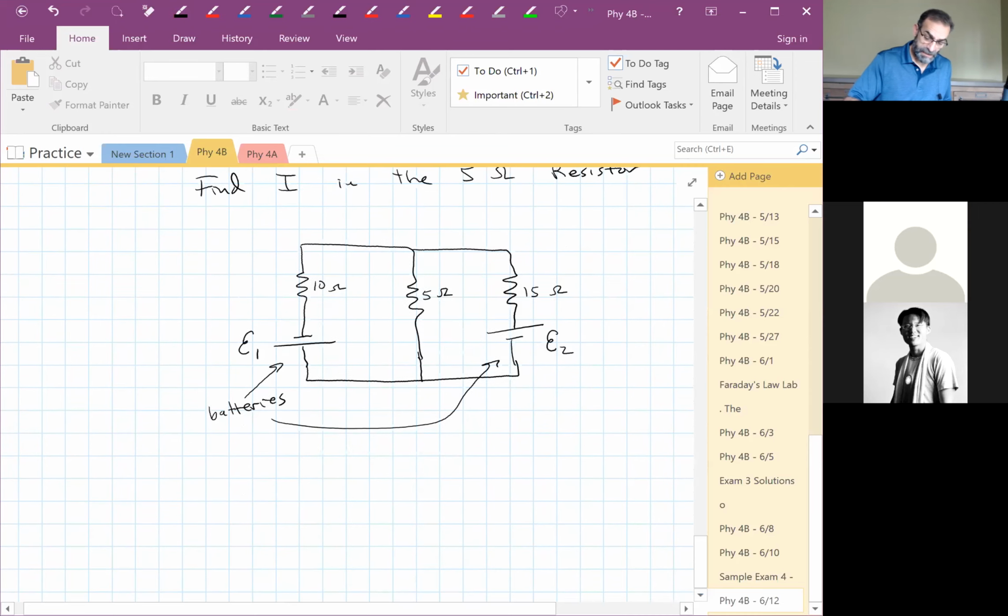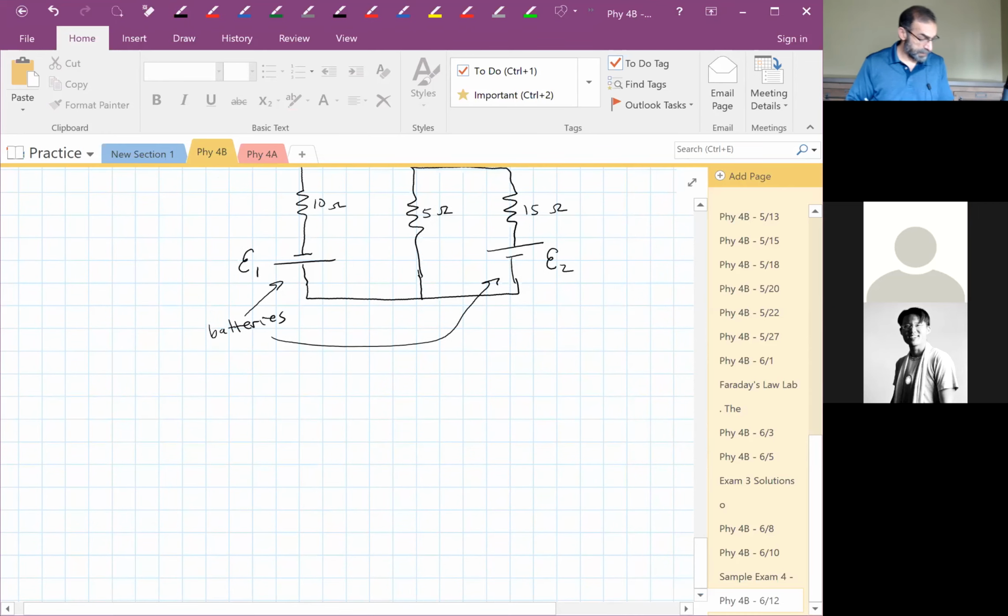Now we use Faraday's law. And the magnetic field is constant over the area.